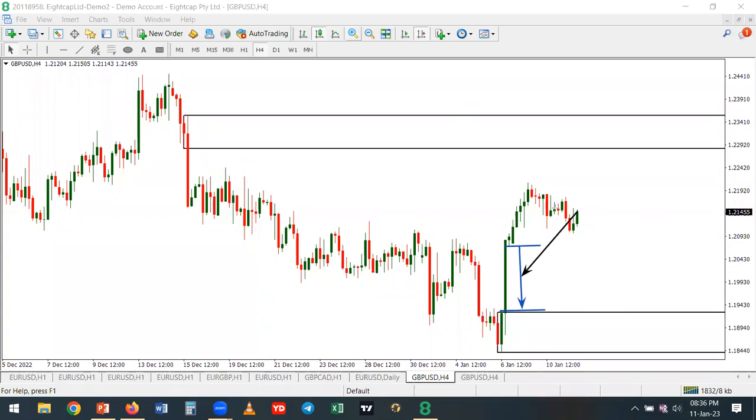And what will make price go up here is because if you look here, there is an FVG here. There's a gap here. Between here and here, there is a gap that needs to be filled. Now, this gap here is the reason that is pushing price to come to that particular order block.